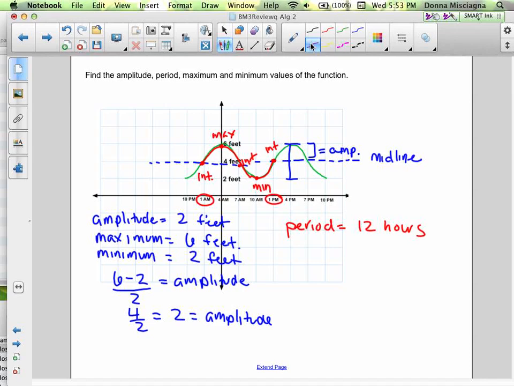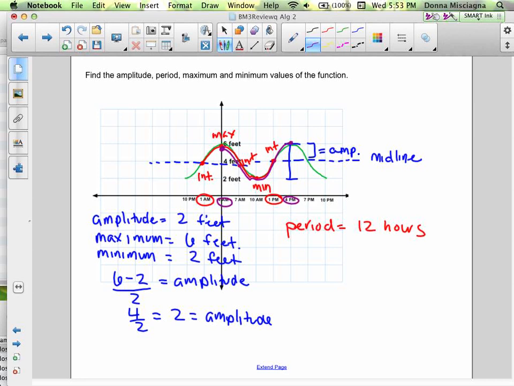If I'm thinking of it as a cosine graph, we would start here at the max, and then we go to the intercept and to the min and to the intercept and then back to the max. So this much would be a cosine graph. But notice, either way, same period.